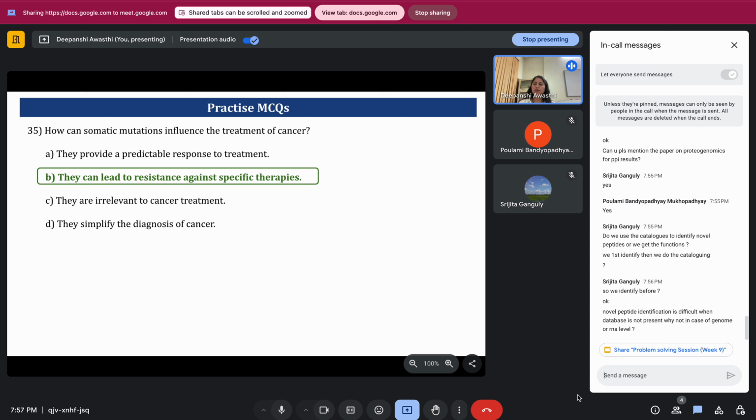Because cataloging is a journal term. If you are using already designed customized protein sequences, then that is also one of the catalogs from where you are mapping the peptide spectra and finding out what could be the possible match to that peptide spectrum. So novel peptides are also identified from there. It depends on what the ultimate aim is.